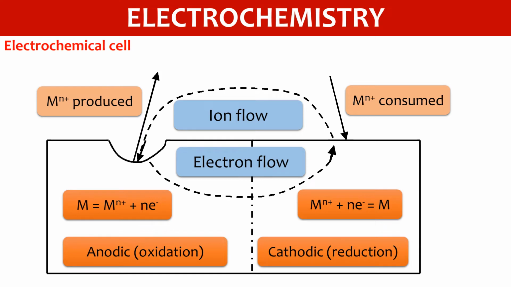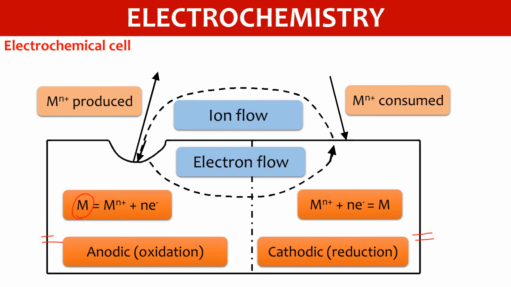So this is a depiction of an electrochemical cell. Consider on your left the anodic side, and on the right the cathodic side. In this electrochemical cell, at the anodic side, you have the dissolution of your metal.